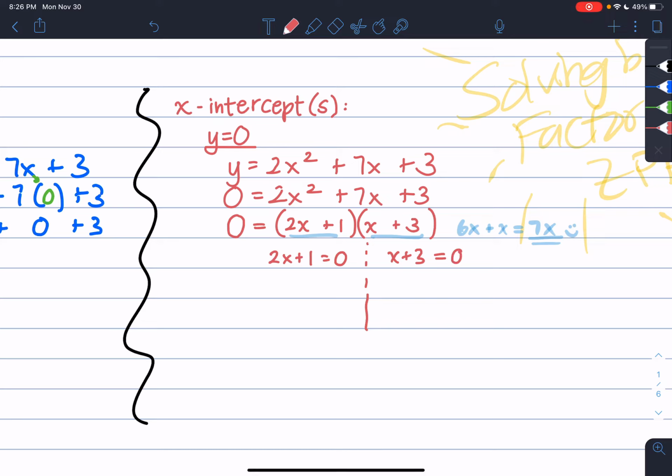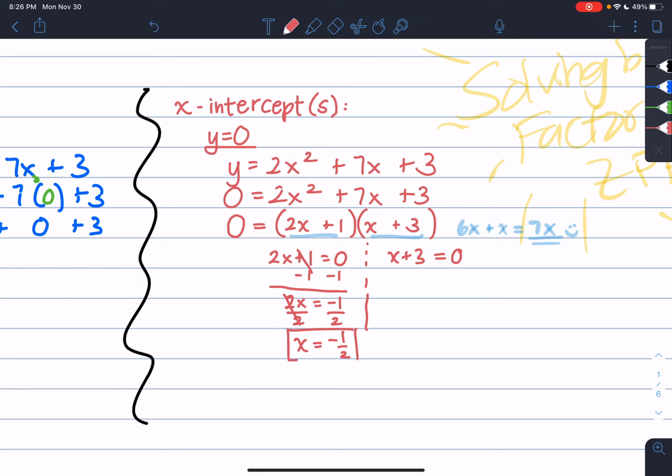All right, so on the left, when I solve for x, I'm going to subtract 1 first. So this gives me 2x equals negative 1. And now divide by 2 on each side. That gives me x equals negative 1/2. Awesome.